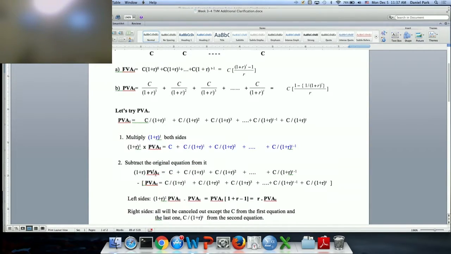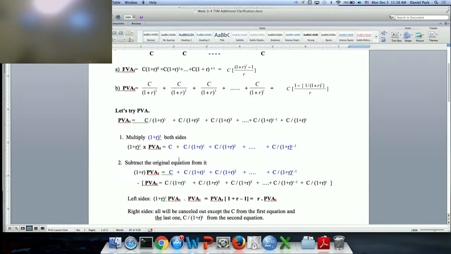So (1 plus R) times PVA is the left side, and the right side we have C and then all these. Compared to the original formula, C over (1 plus R) to the power of 1 is now in the second term, the original second term is now in the third term, and so on up to T minus 1. Of course, the new one doesn't have power T, it goes up to T minus 1.